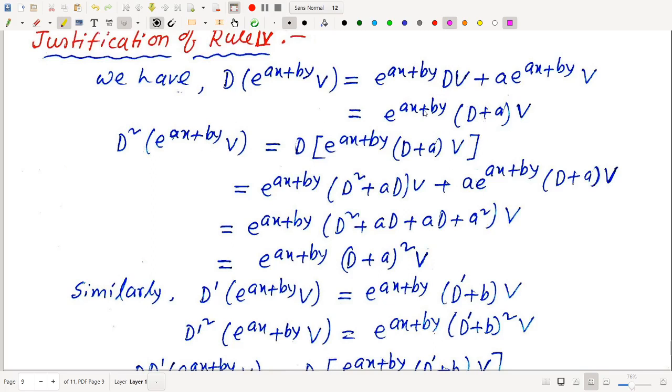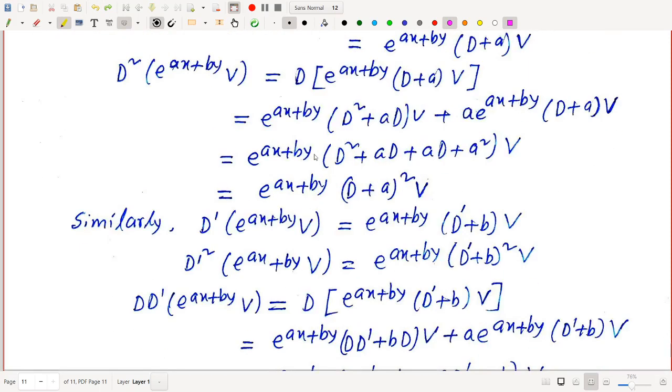Okay, then D square means again differentiate this line with respect to x, means D of this. So D of this will be e to the power ax plus by remains, D of that, this D square plus a constant taken first, operates on V, plus D plus a V remains, then only D of e to the power ax plus by is a into e to the power ax plus by because with respect to x.